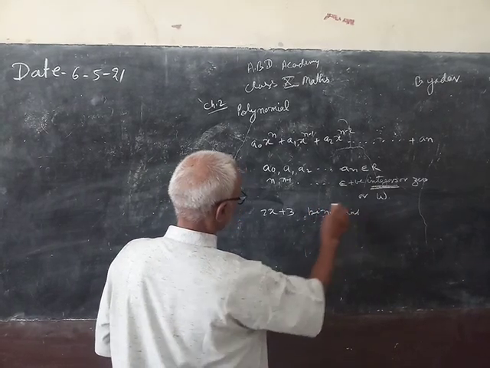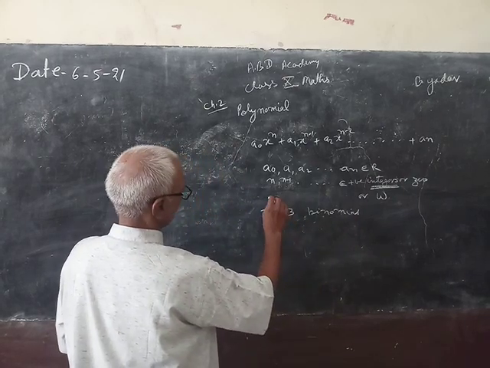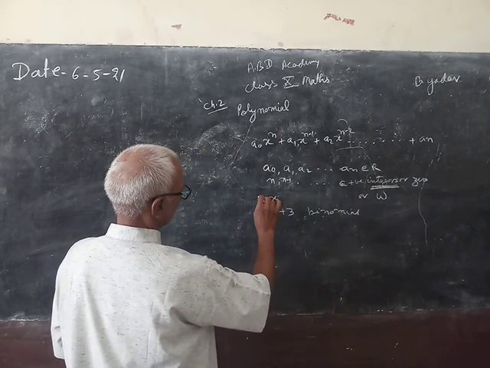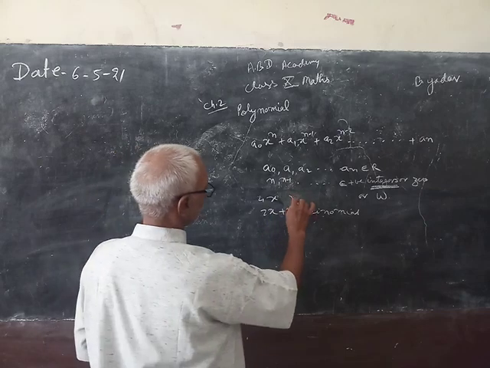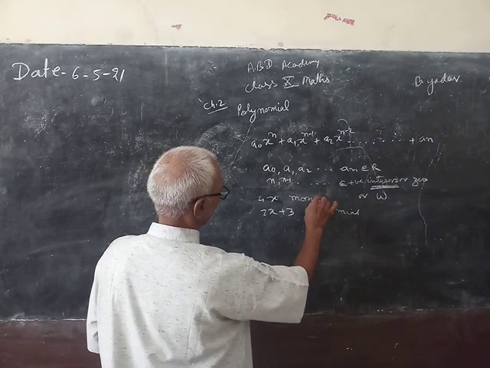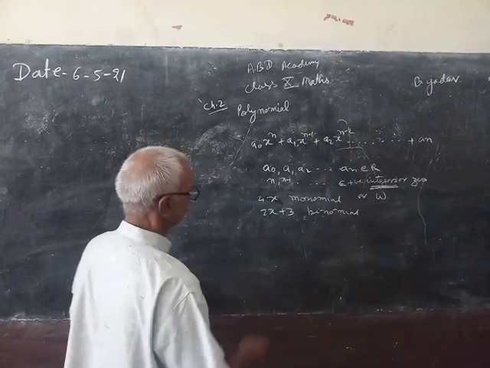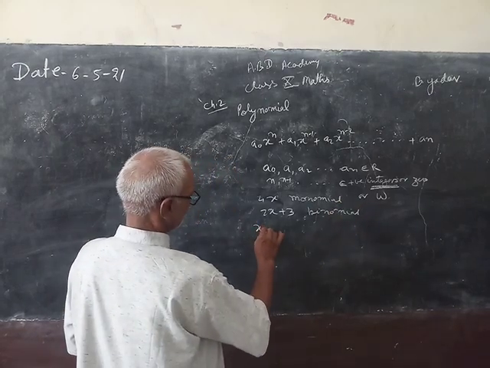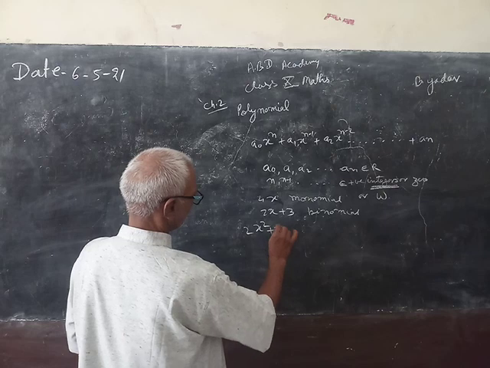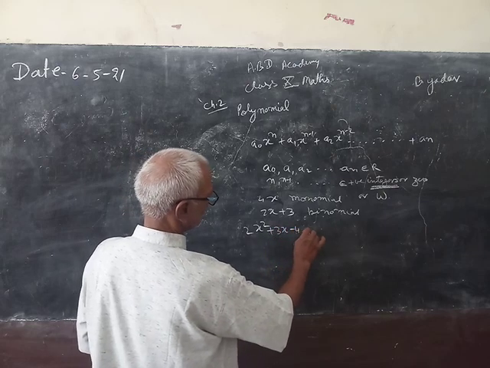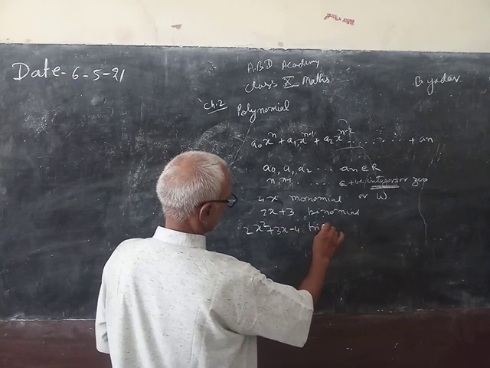Say x or 4x is a monomial. Power may be low or high, no problem. Then 2x square plus 3x minus 4 is a trinomial.